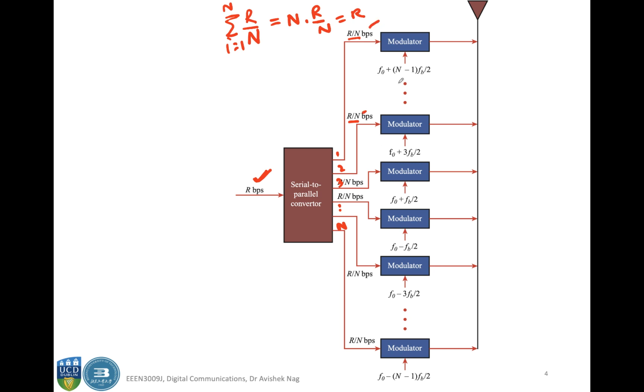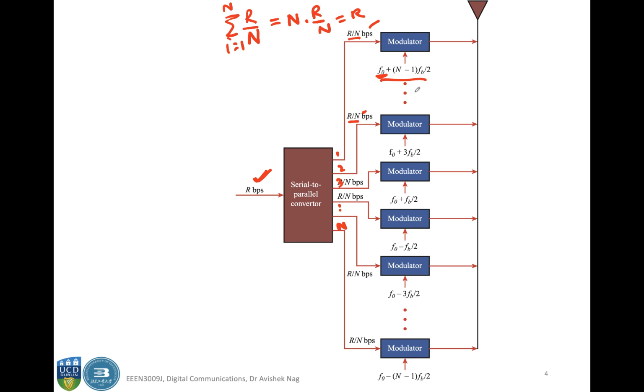Each of these tributaries, or copies, is modulated by a different carrier frequency, as you can see. The carrier frequencies are centered along a central frequency, which is f0 here, and all of them are either f0 plus something or f0 minus something. So you have a total of N different carrier frequencies, from f0 plus (N minus 1) fb by 2 to f0 minus (N minus 1) fb by 2.